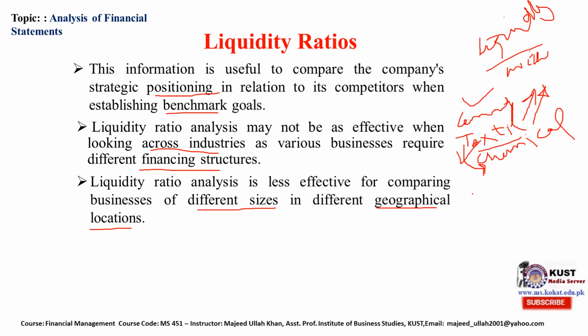Now, let's suppose different sizes. Different sizes means, for example, one firm is an oil marketing company, PSO, and the other is BICO.